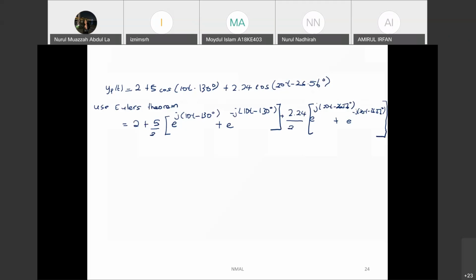Okay, and then you solve for this. Okay, you will get 2 plus 2.5 exponent negative j 130 degrees. You put like this, exponent j 10t. Why you put like this? Because you want to take out the frequency part. Okay, this is the frequency part, j 10t. j negative 130 degrees is the phase part, the phase shift part.